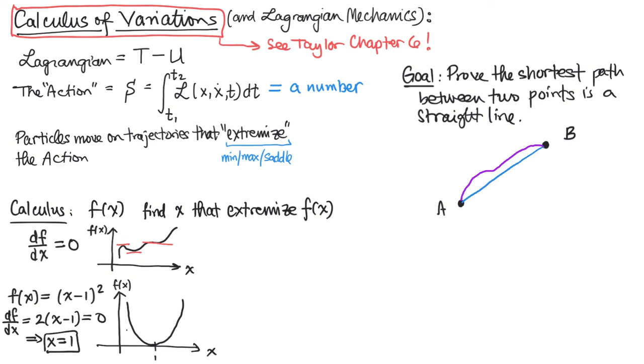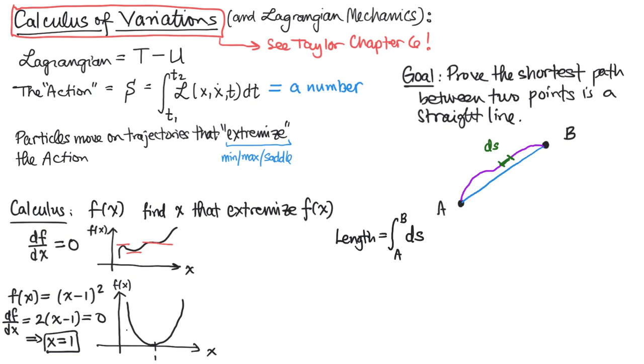So what we can do is think about chopping up a path into little segments ds, and then we can write the total length of the path as the integral from a to b of all of these little steps ds.